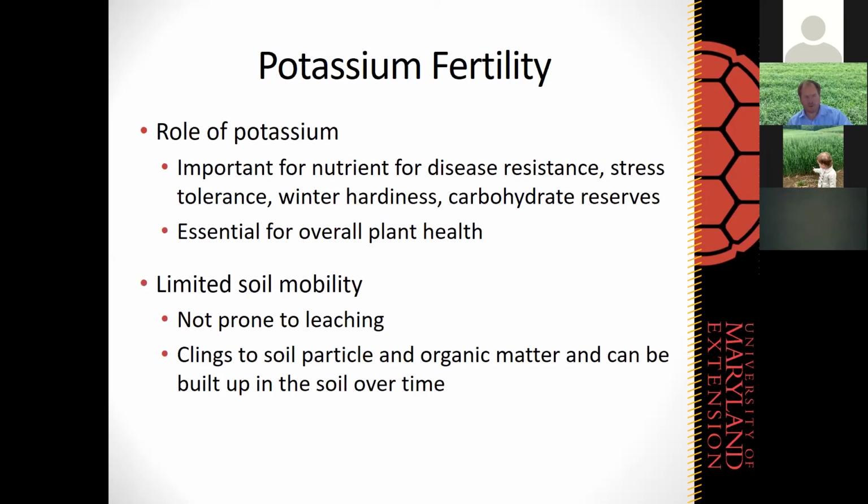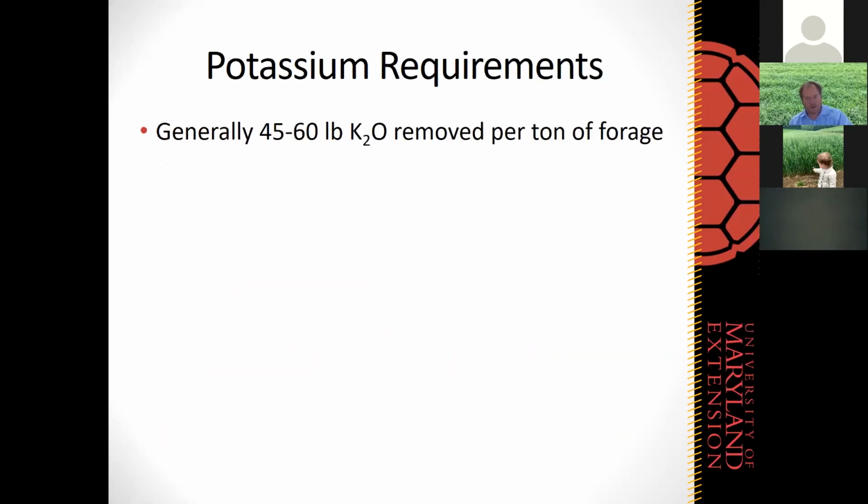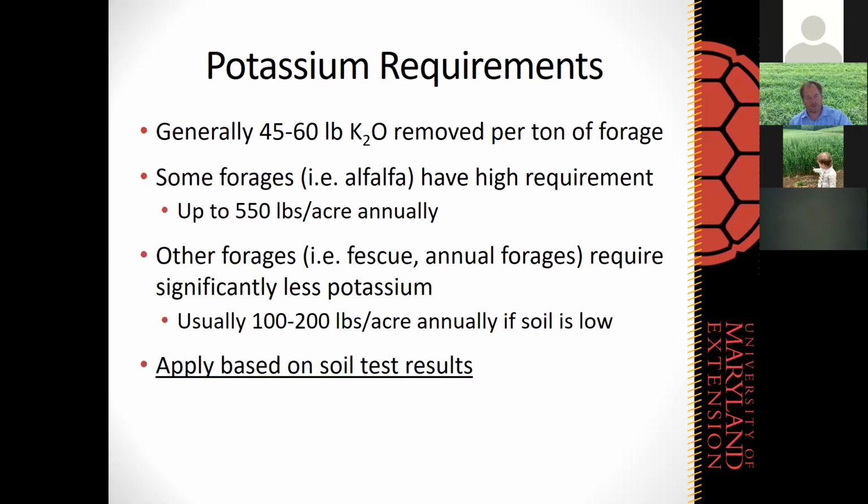It doesn't move nearly as much as nitrogen does, but on sandier soils it can move some, especially the plant available form. So we do need to watch that some, but it's not nearly as mobile as something like nitrogen. And we do need quite a bit of it, normally around 50 pounds per ton of forage, which can be significant.